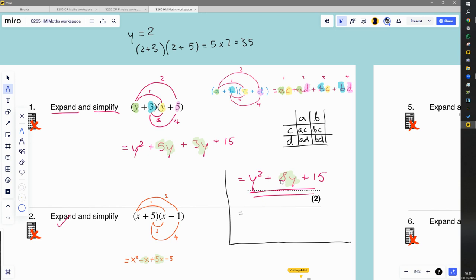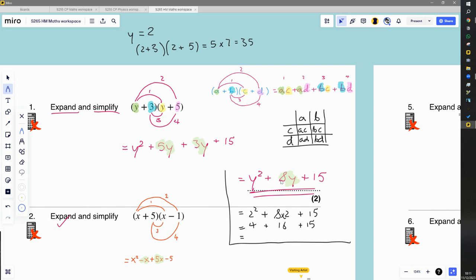So if y is 2, then it's going to be 2 squared plus 8 times y, it's 8 times 2 plus 15. Now 2 squared is 4, 8 times 2 is 16, and we're going to add 15.